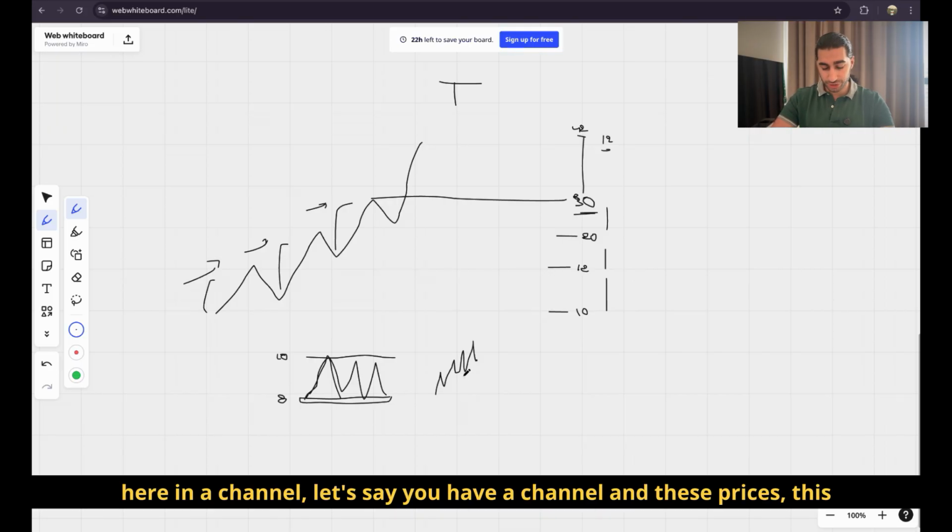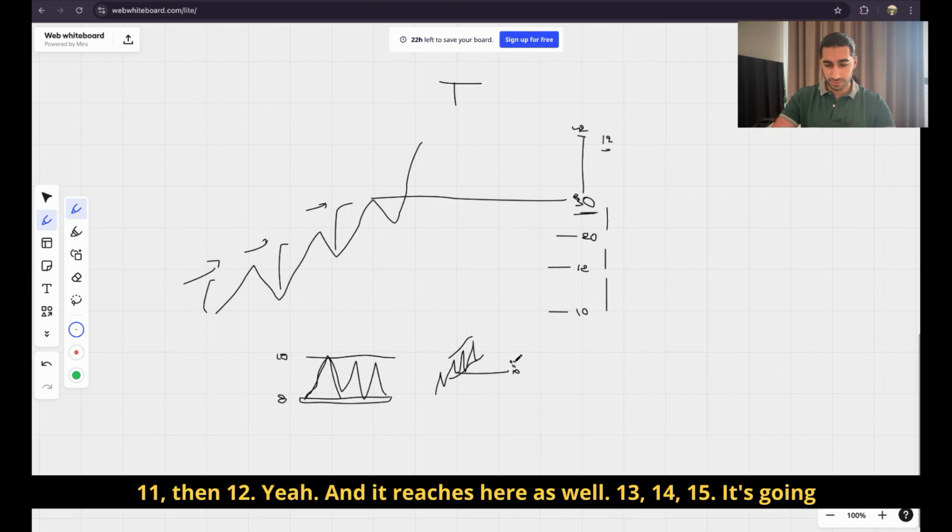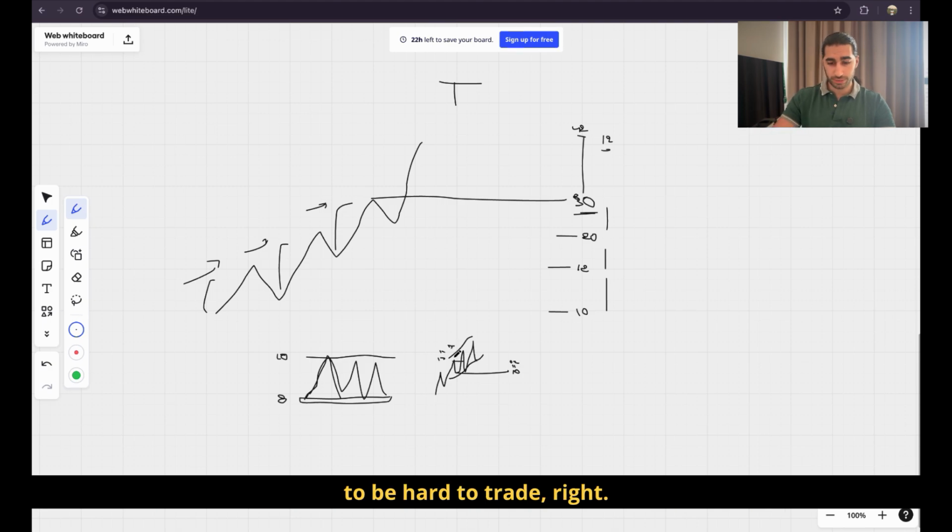Same thing here in a channel. Let's say you have a channel and these prices, this is for example 10, then 11, then 12, and it reaches here as well, 13, 14, 15. It's going to be hard to trade, right?